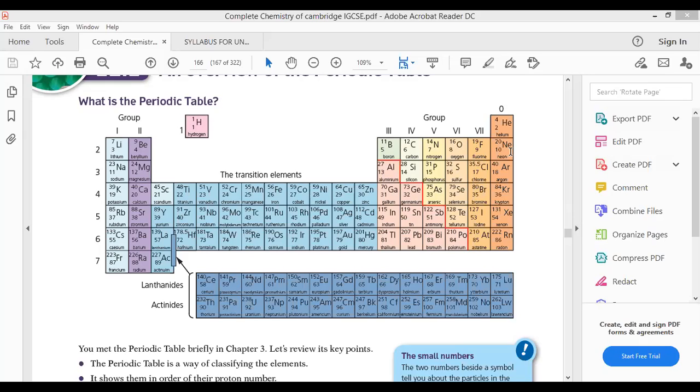You are right. You are near to the correct answer if you want to write it in the exam. The atomic number is added by 1. You can see there: lithium 3, as you said, then beryllium 4, 5, 6, 7, 8, 9, 10. So the atomic number is added by 1. But there is one actual reason; that the atomic number is added by 1 is not the full answer.